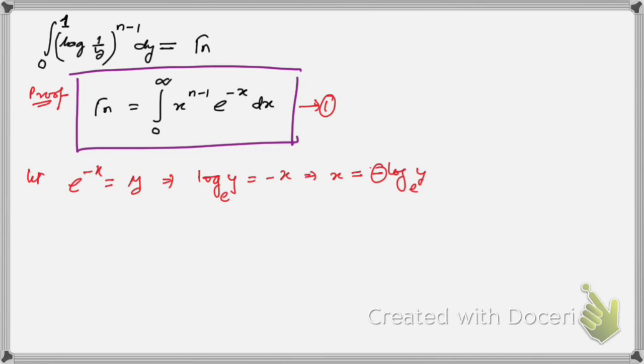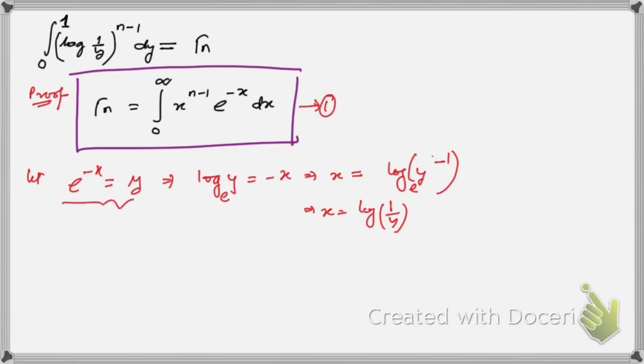This minus can be written as a power: if there is a minus, you can write y to the power minus 1, and in that case you can write x is equal to log of 1 by y. You can write log of 1 by y. Y to the power minus 1 is 1 by y, right?